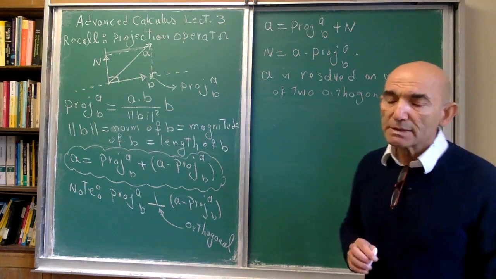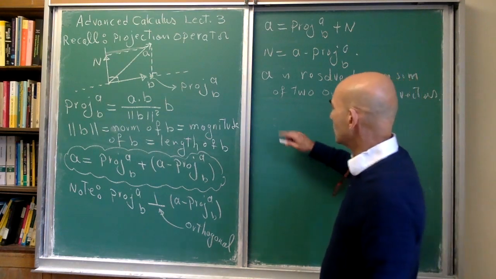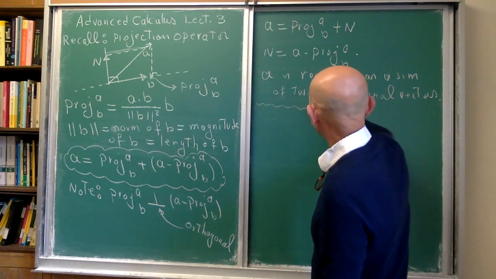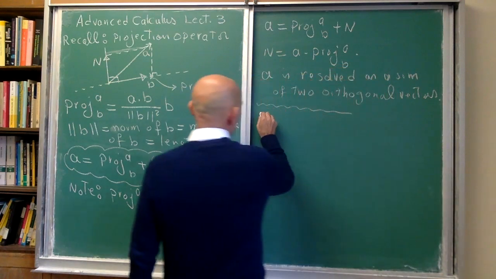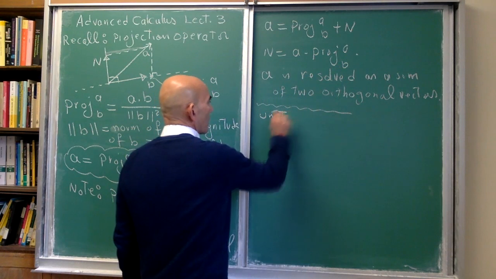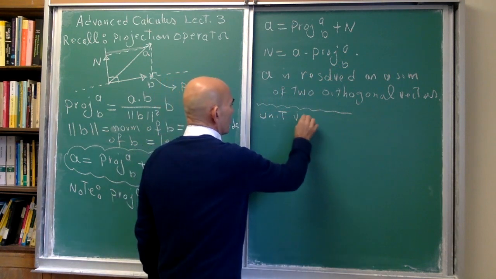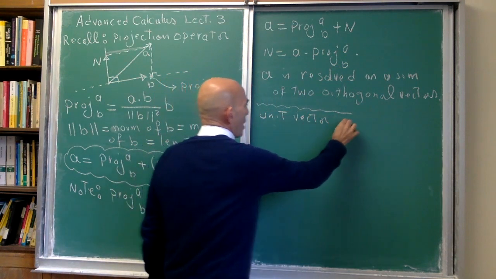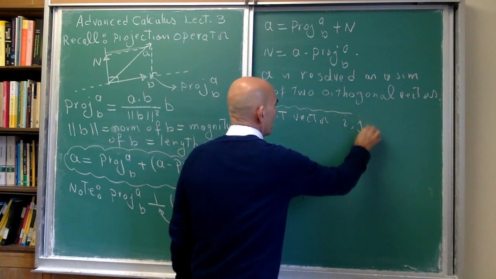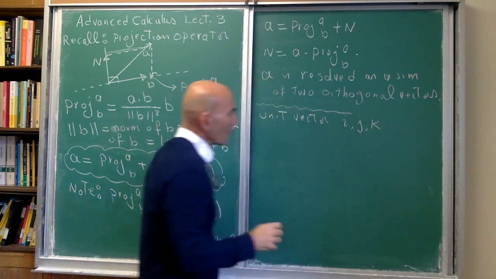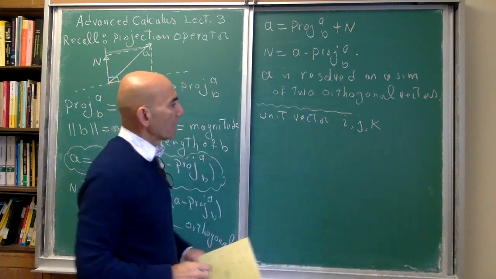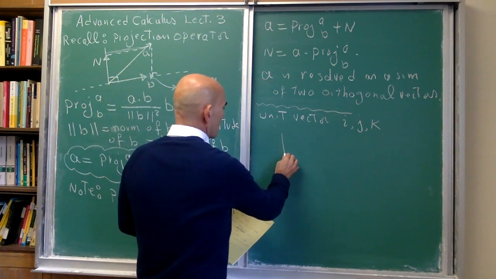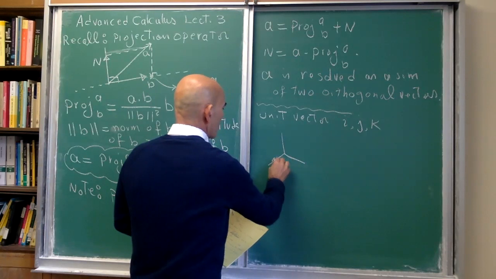One of the ideas is, let's look at these three vectors, the unit vectors i, j, and k. These three unit vectors are coordinate bases, so to speak.